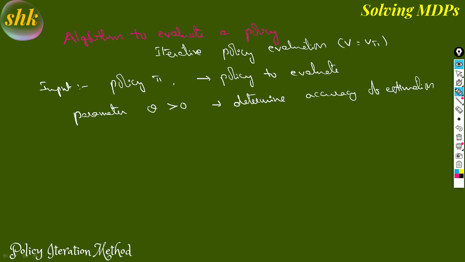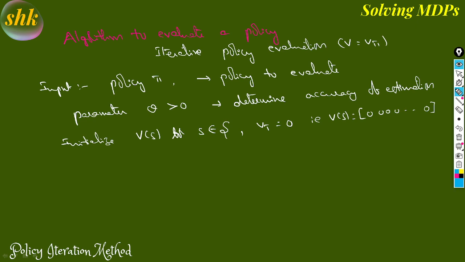So we will initialize the value function V of S for all the states in the state space S, except that the terminal state value is equal to 0. That means V of S is considered as 0, 0, 0, depending upon how many states we have. V of S will have as many entries as there are states.